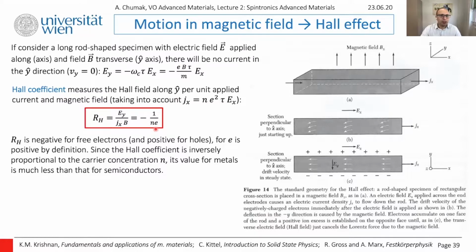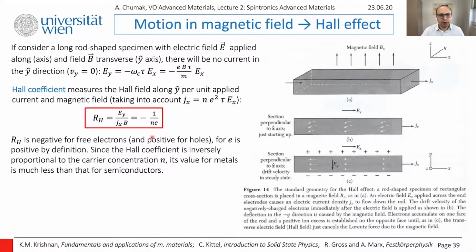It means that this Hall coefficient is principally a characteristic of your material, because you see there is no external field applied, electric or magnetic.